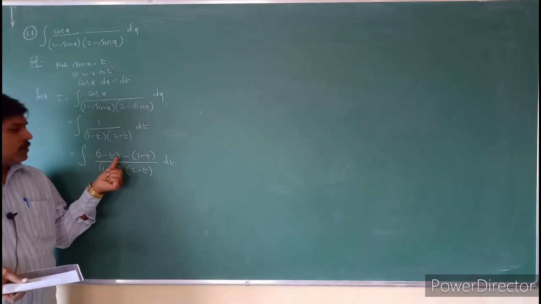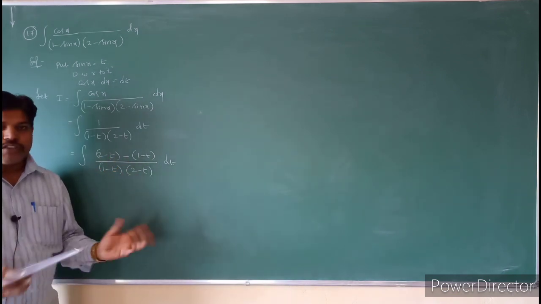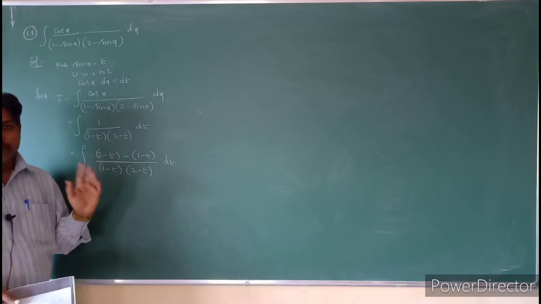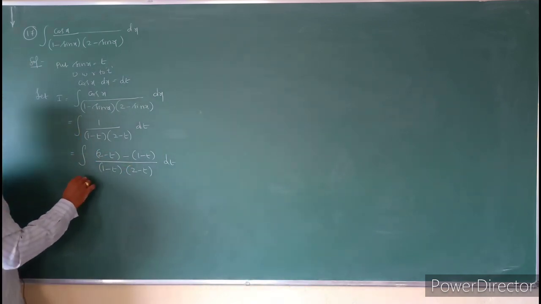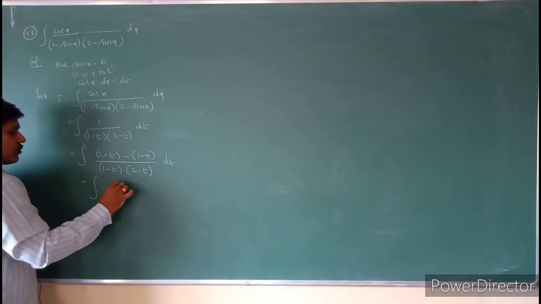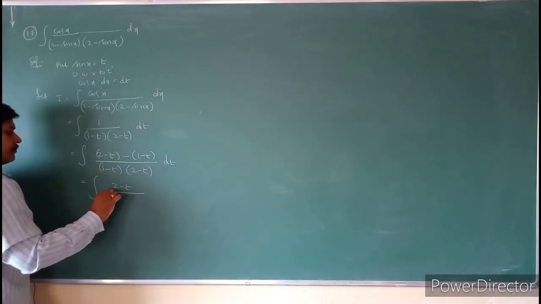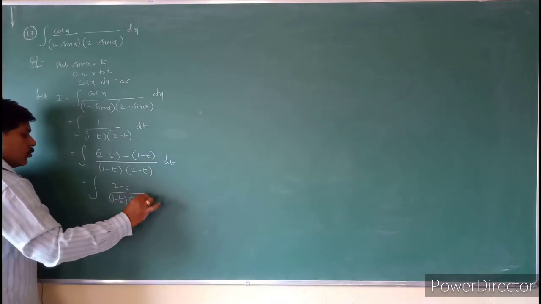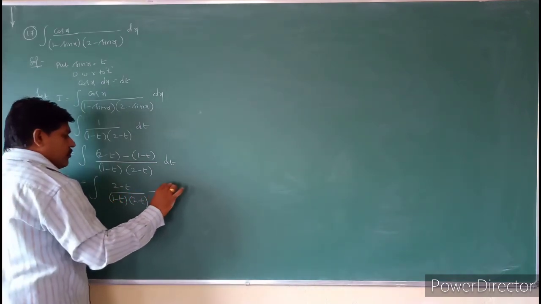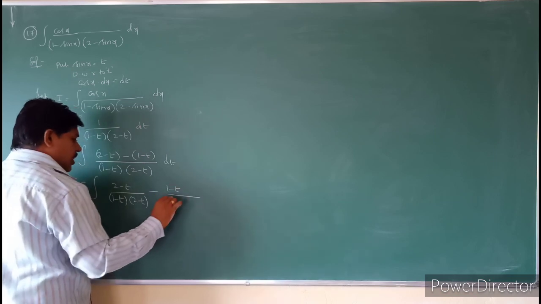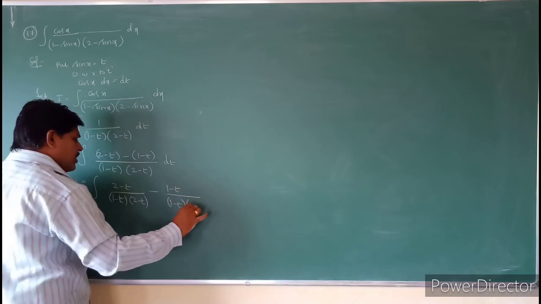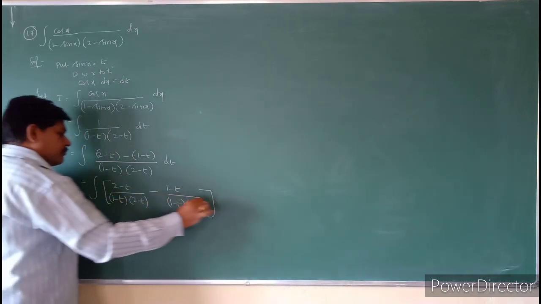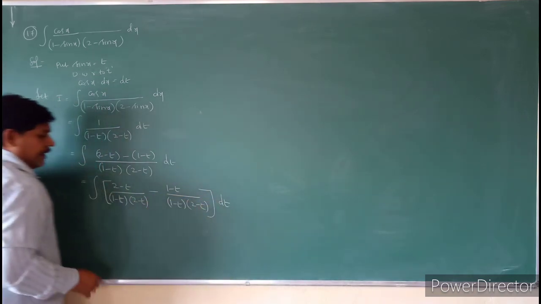2 minus t minus t, minus of minus plus t will be cancelled. 2 minus 1 is a 1. I understand that. So we can write like this. After writing this one, integral of, separate the terms students, (2 minus t) by (1 minus t) into (2 minus t) minus (1 minus t) by (1 minus t) into (2 minus t) into dt.